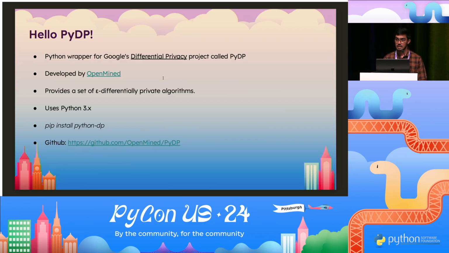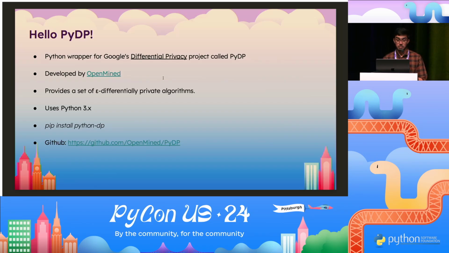So PyDP is a library in Python which lets you write differentially private algorithms. And so they have a small but growing community in which they've added some algorithms already, and they're working on some new algorithms. But it's basically a Python wrapper for Google's differential privacy project.